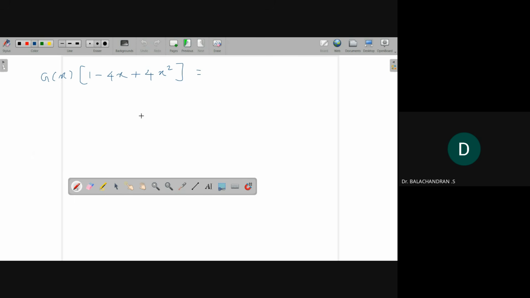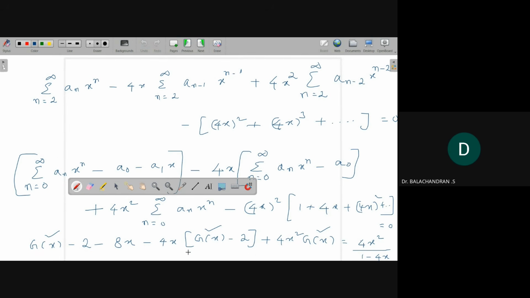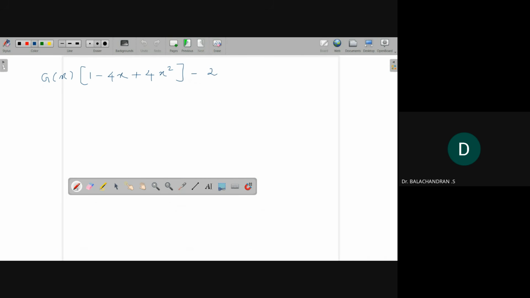Minus 2 minus 8x plus 8x. That is 0. Okay, I'll write minus 8x plus 8x, which is equal to 4x square divided by 1 minus 4x.